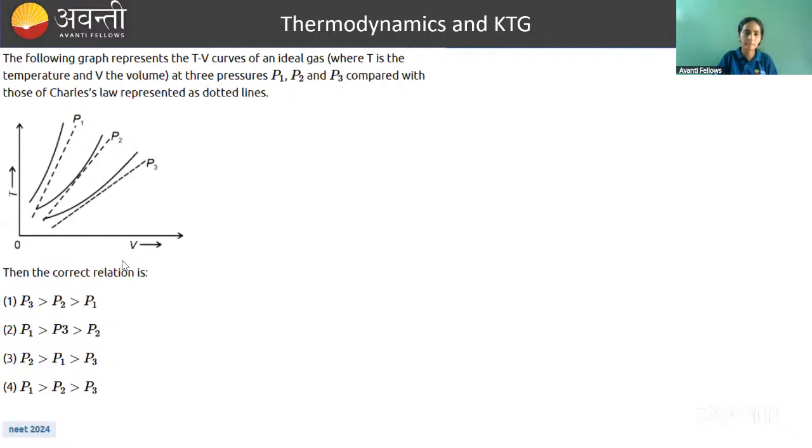Yes, I correct. This question is also very easy. You just need to look at the diagram and a bit of calculation, just a little bit.